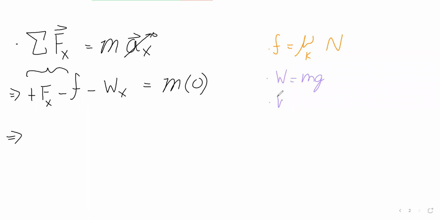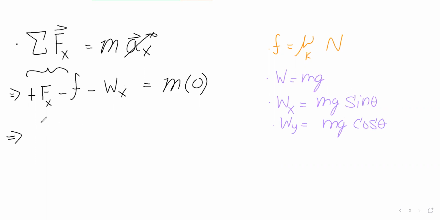So furthermore, Wx should be mg times a factor of sine, whereas Wy equals mg times a factor of cosine.